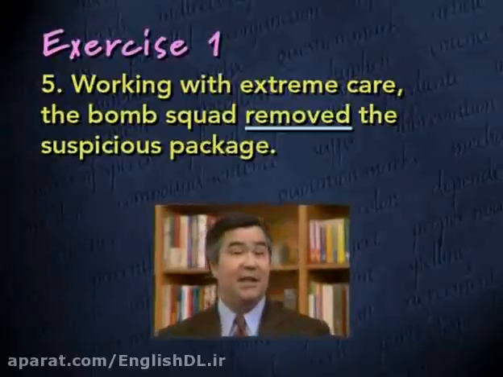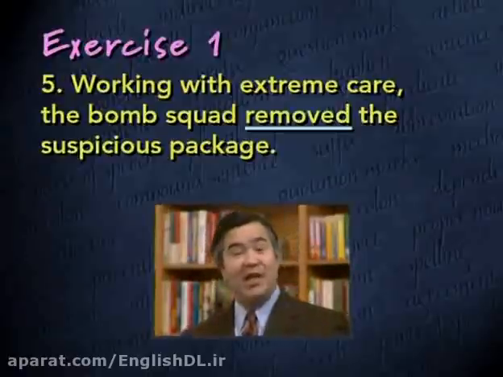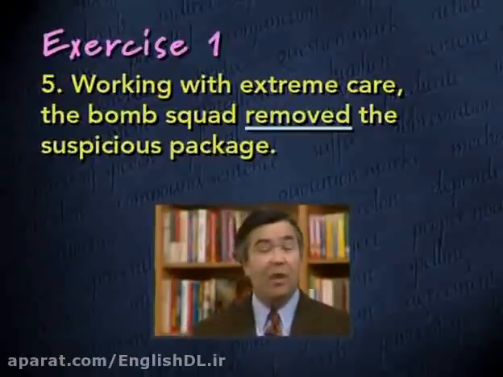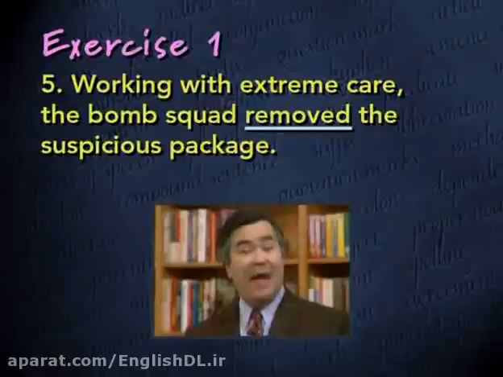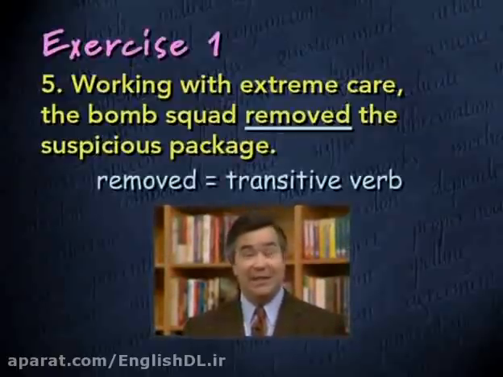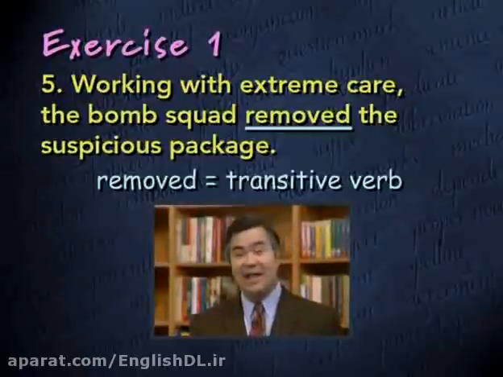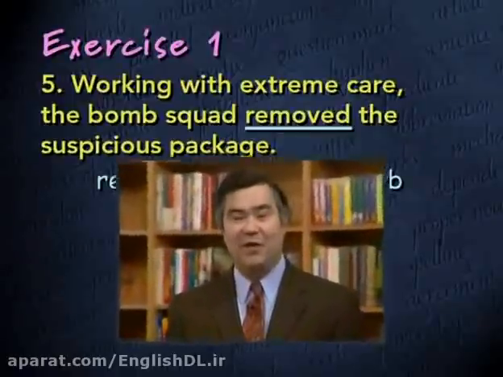The object is the noun package, or to give the complete phrase, the suspicious package. So the package is receiving the action of the verb removed. It's telling us what they removed, and therefore package is the object of the transitive verb in this sentence. So for this last example in the exercise, the verb is being used as a transitive verb.